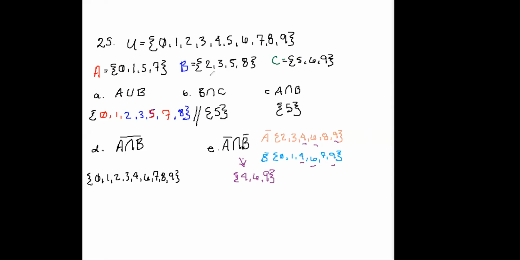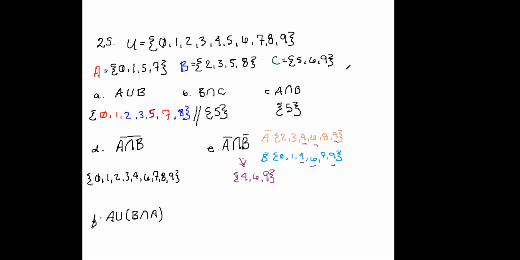Next, let's take a quick look at F. So we have A union the quantity B intersecting A. Let's do what's in the parentheses first.